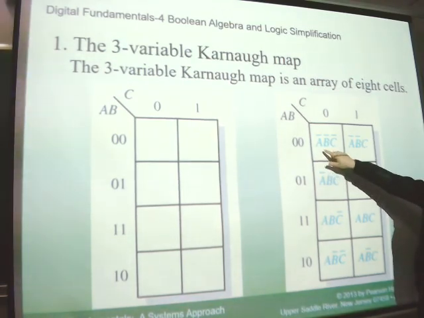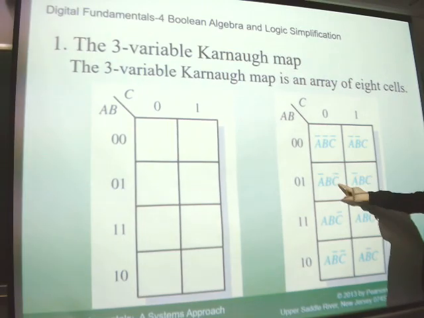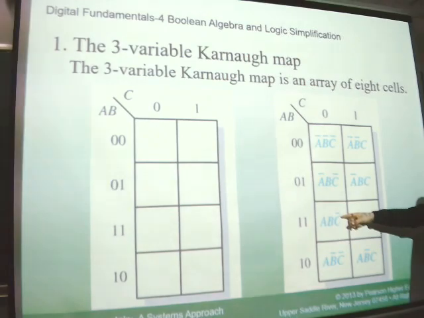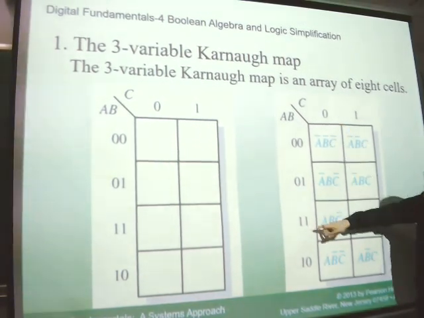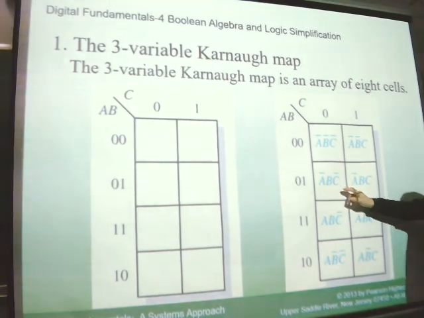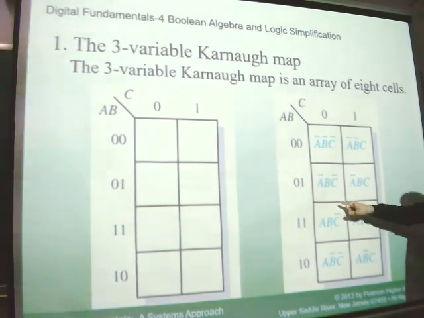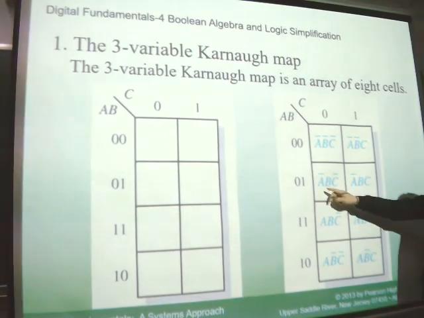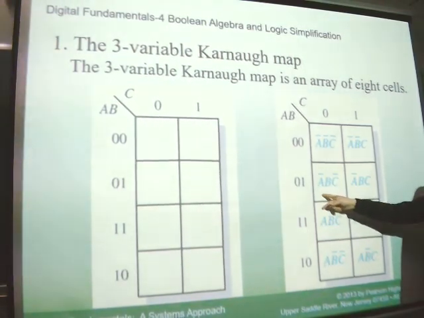Then these two cells, 0 1 0 and 1 1 0, the two literals are the same and only one literal is different, right?